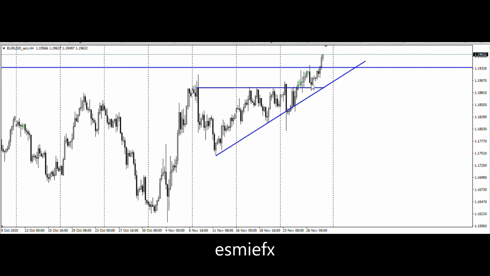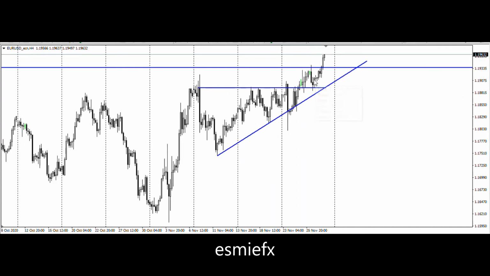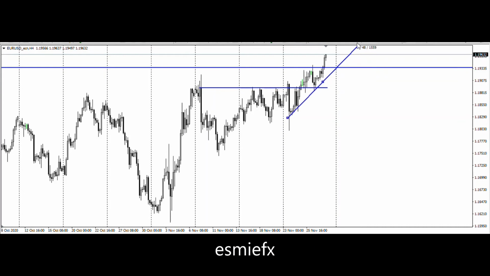It broke and gave a nice move, and now it's moving up. So let me adjust this trend line. I'm connecting this low to this one. This is how I'm going to draw it now.